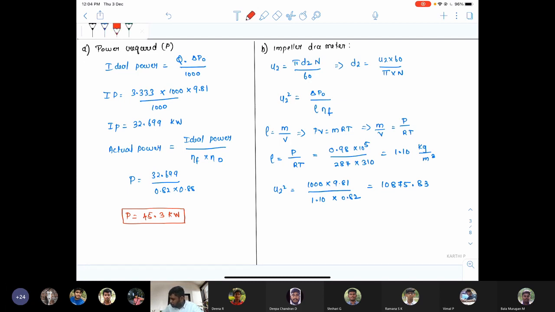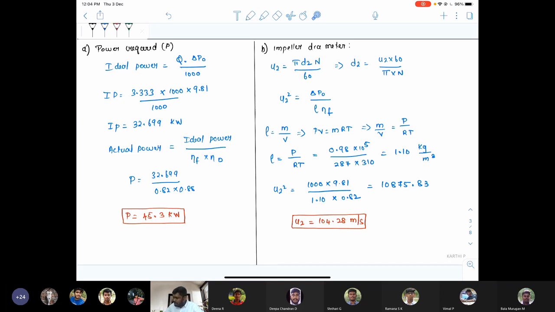Therefore the value of U2 is the square root of that value, which is equal to 104.28 meter per second. This is the peripheral velocity at the outlet. So we have found the value of U2.